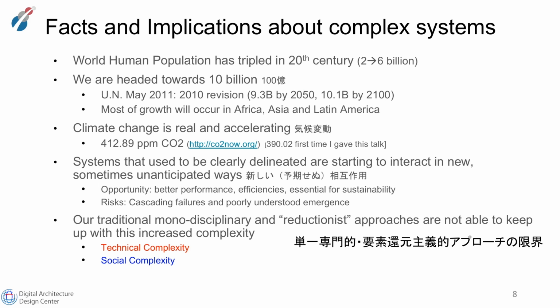When we look at the facts about our world, they are quite startling. The human world population has tripled in the 20th century from about 2 to 6 billion. And there's an office within the United Nations whose only job it is to predict the evolution of the world population forward.